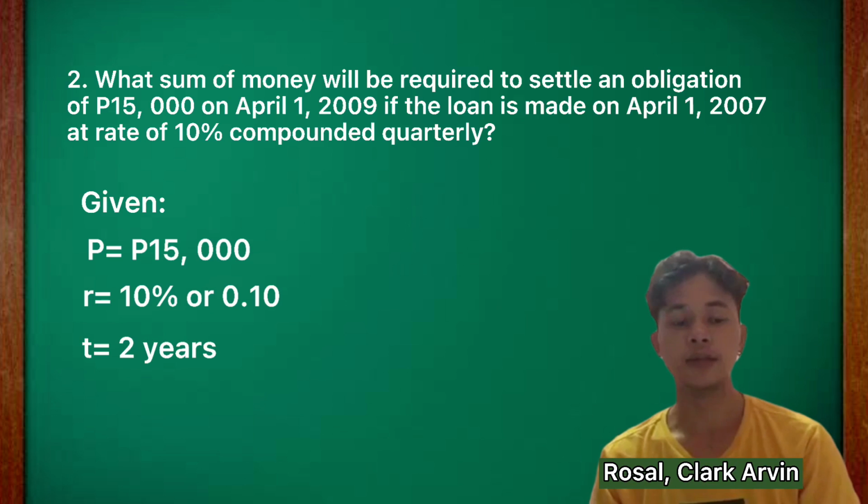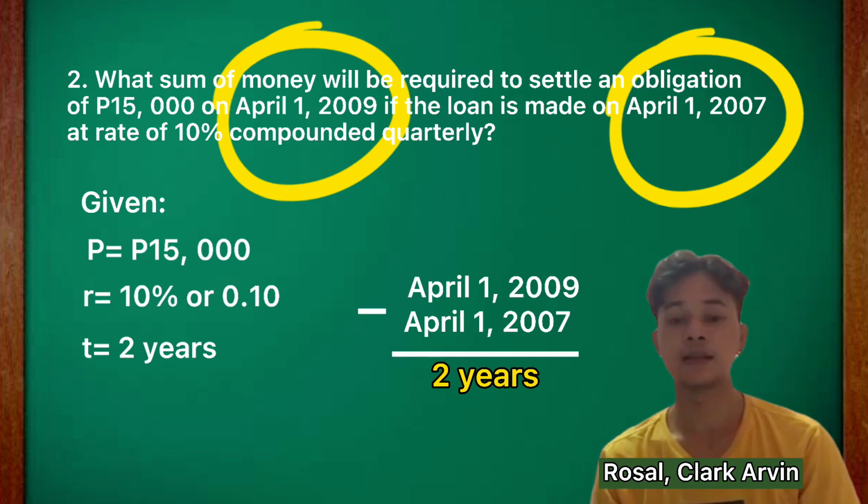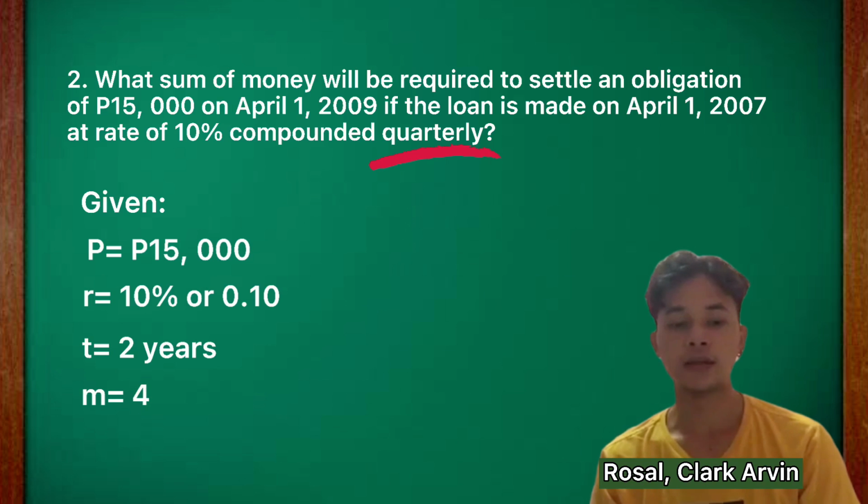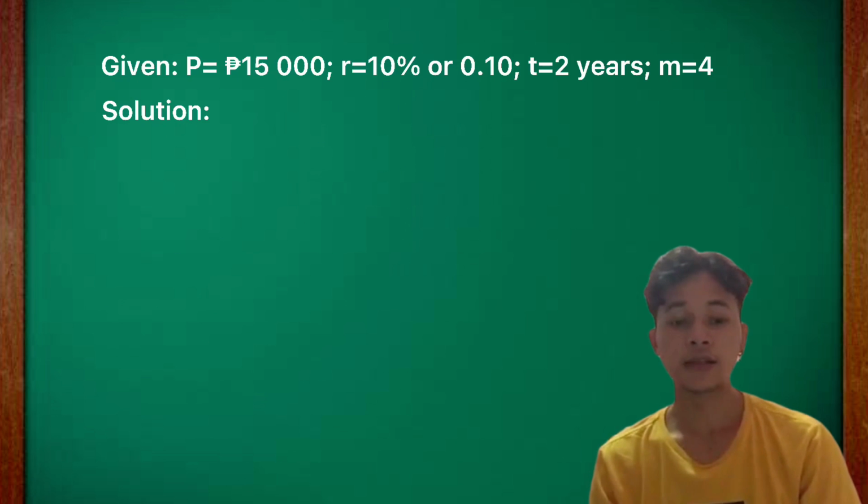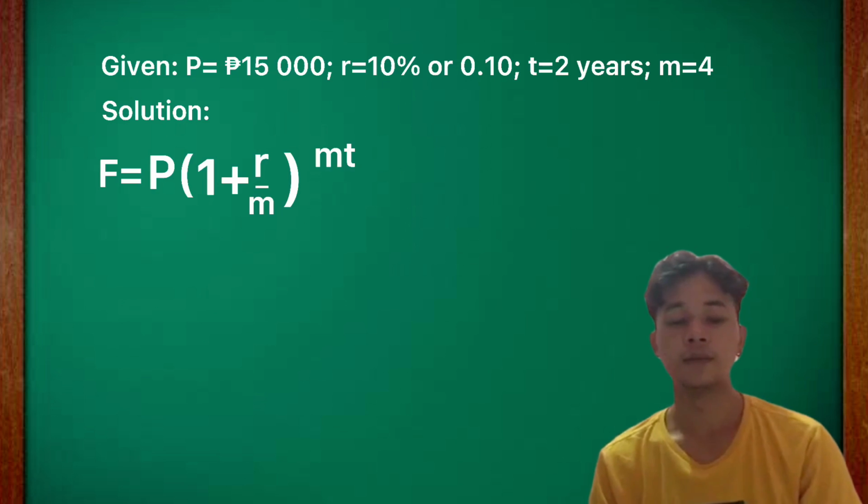The time is 2 years, since the loan is made on April 1, 2007 to April 1, 2009. And m is 4 since it is compounded quarterly. Our formula is final amount equals principal times (1 plus rate over m) raised to the power of m times time.